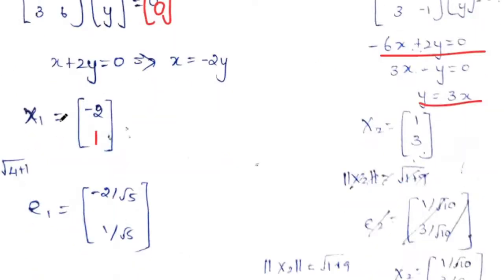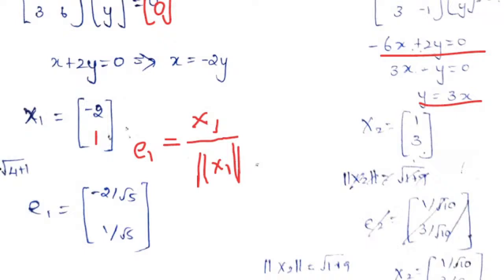Here I am finding the unit normal vectors. That is, E1 will be nothing but x1 by norm of x1. So x1 is (minus 2, 1).